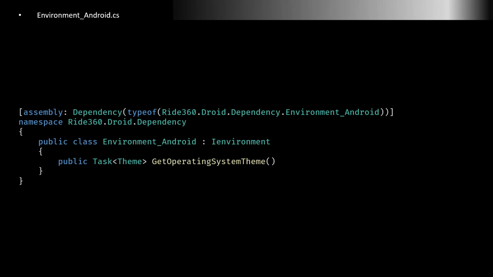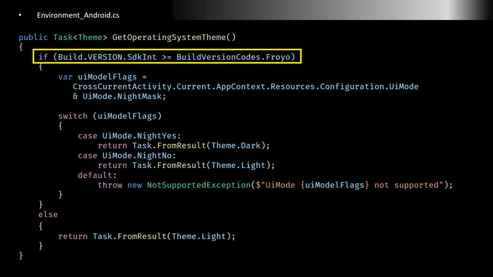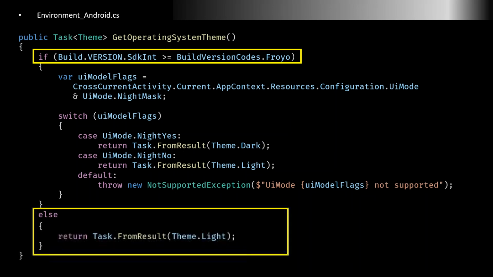And once again, we're doing an implementation of IEnvironment, and we're going to have it called GetOperatingSystemTheme. So in here, the first thing we do is we check our version for 4.0 or above. If not, we return light. At this point, I'd be very surprised to find a phone that old that was still working.